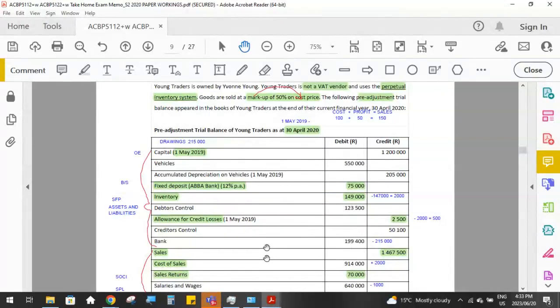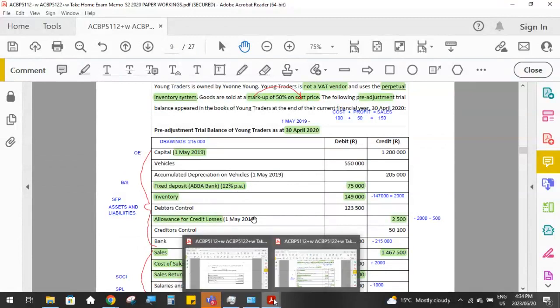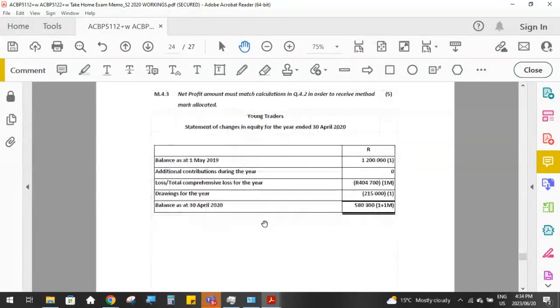You will add to that any new contributions made by the owner during the year, the value of any new contributions made. You will add your profit for the year or subtract your loss for the year from your statement of profit and loss. And then you will subtract the total drawings for the year. And that will give you your closing capital balance.